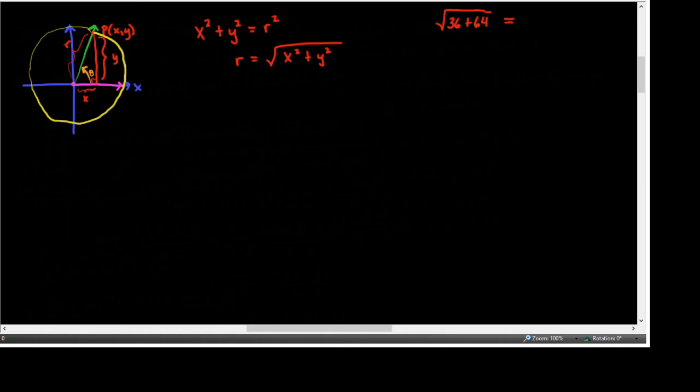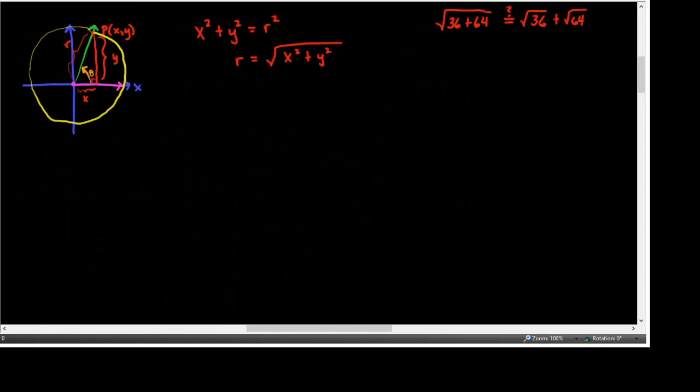Would that be equal to the square root of 36 plus the square root of 64? In other words, you're trying to say that it should simplify to be x plus y. I know that's what somebody was thinking.